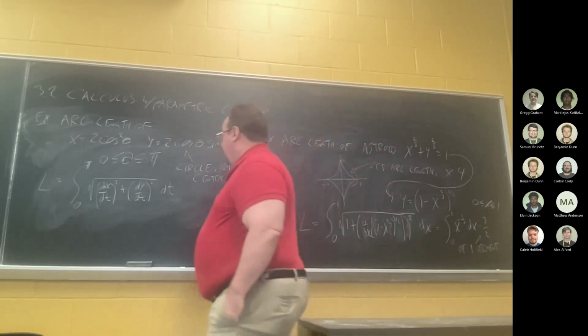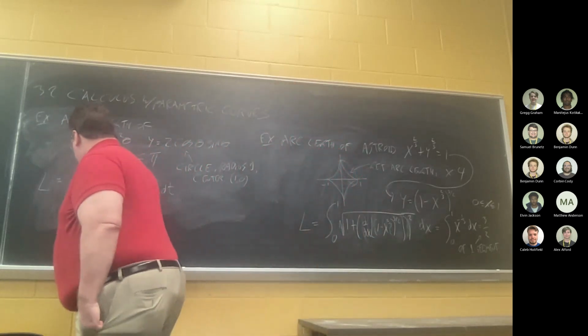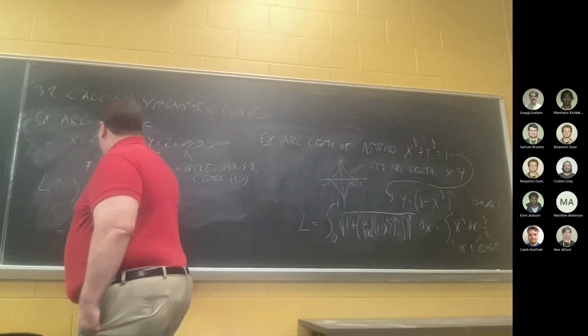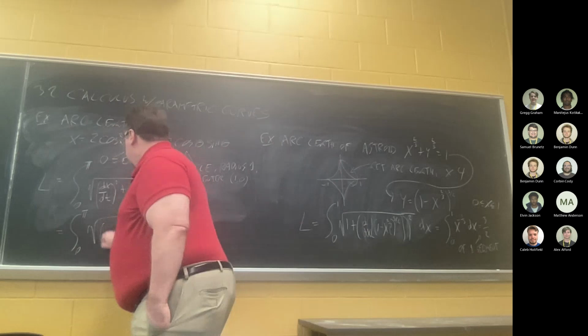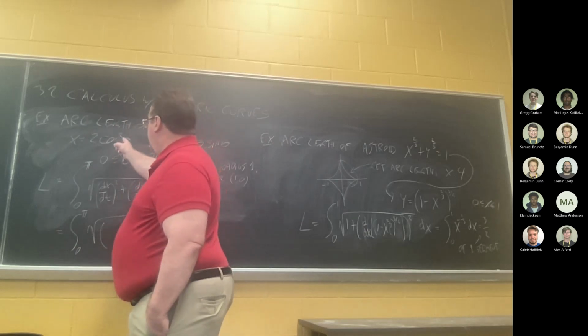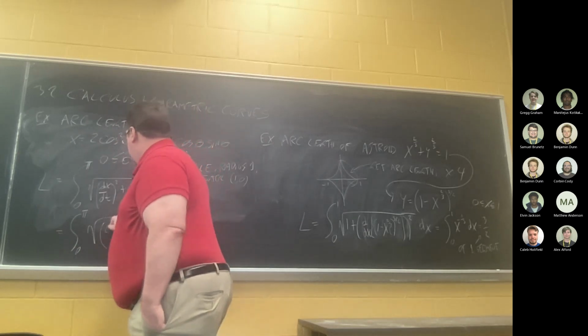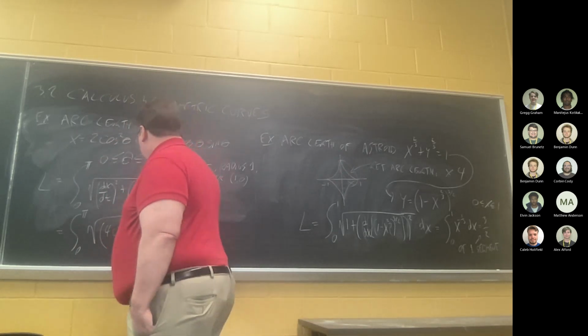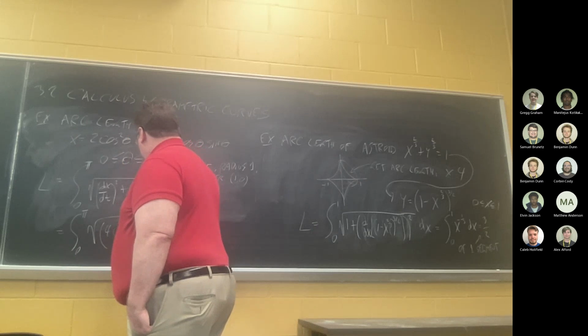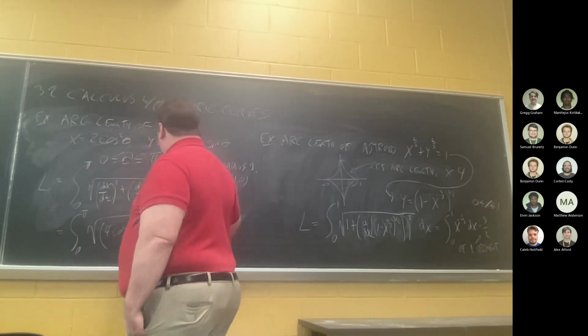Okay. And so if we go ahead and take the derivatives, for dx dt, by power rule, we'd have 4 cosine theta times the derivative of cosine, which is minus sine, and all of it gets squared.